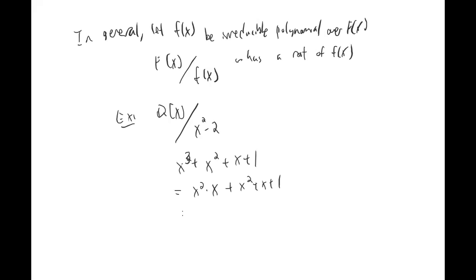On the other hand, x squared is 2, so this is 2x plus 2 plus x plus 1. So this is the same class as 3x plus 3. Do you all agree that every element here is of the form ax plus b, where a and b are in Q?